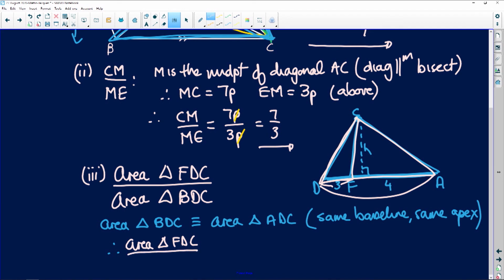Because they have the same baseline and the same apex. So the area of triangle FDC over BDC will then be, FDC is the smaller one, so this is 3 over 3 plus 4, which is indeed 7.